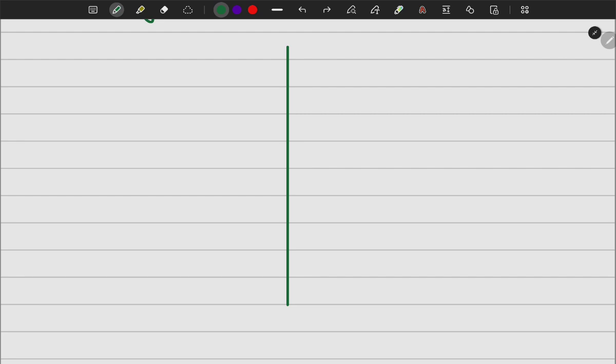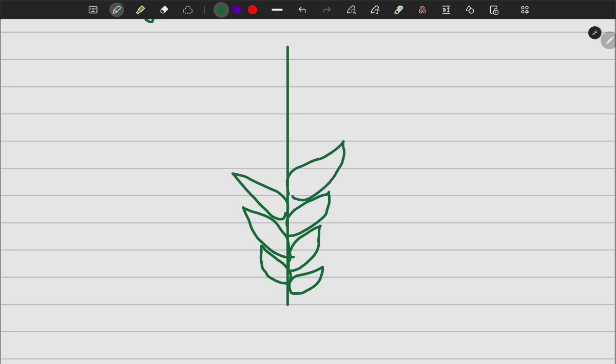So if this is the main axis, then there will be different spikelets here like this. So they look somewhat like this.